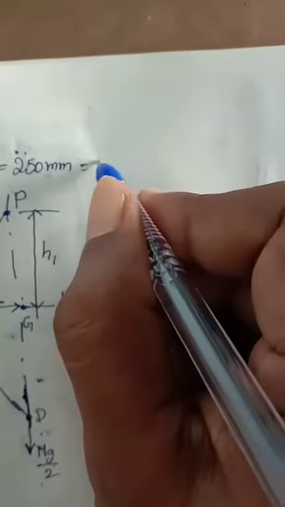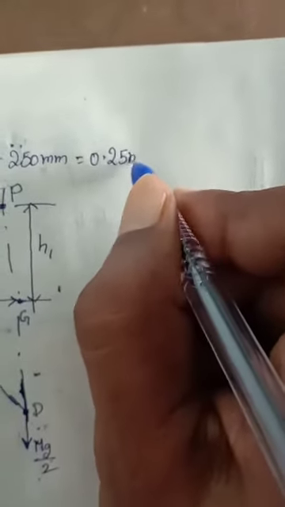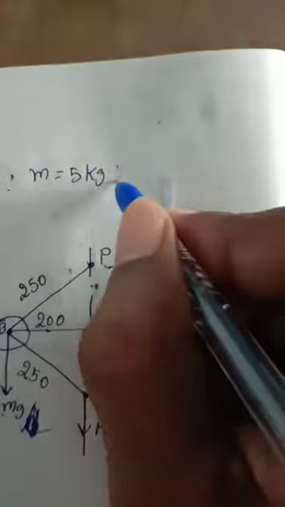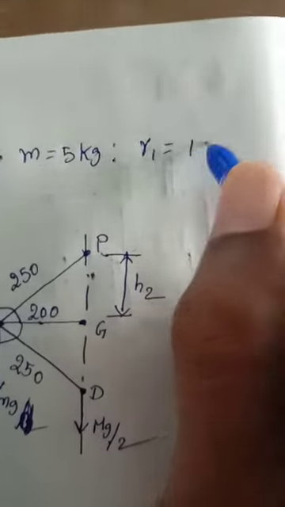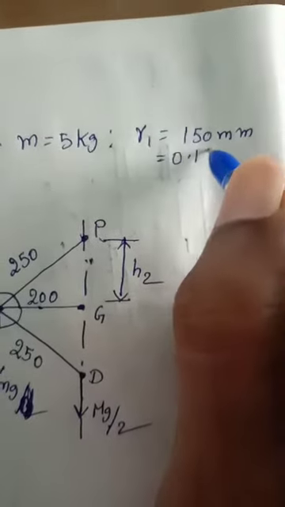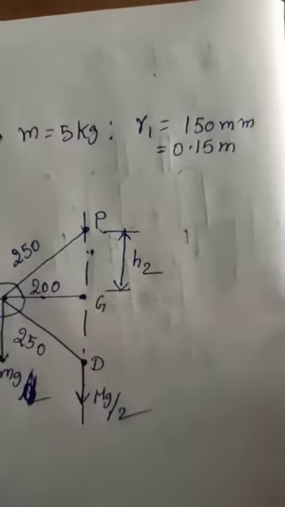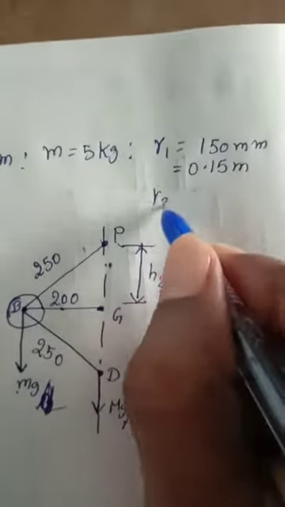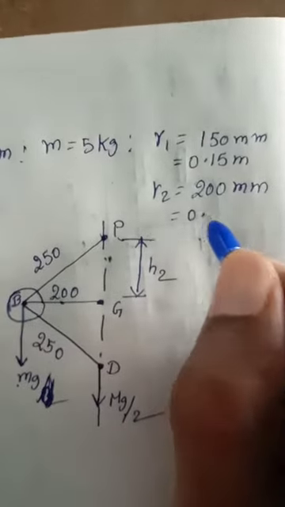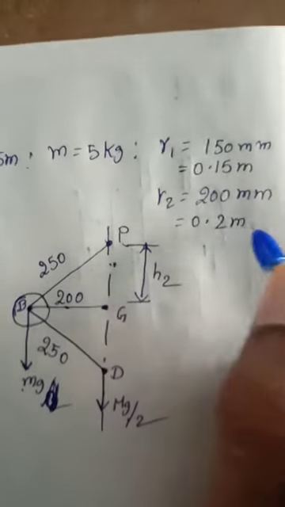Now I am going to convert into meters: 0.25 meters. Then M is given, that is 5 kg. R1 is equal to 150 mm, that is 0.15 meter. And R2 is equal to 200 mm, that is equal to 0.2 meter.